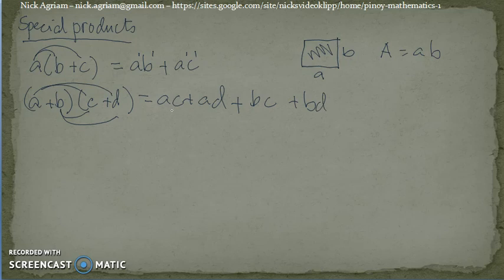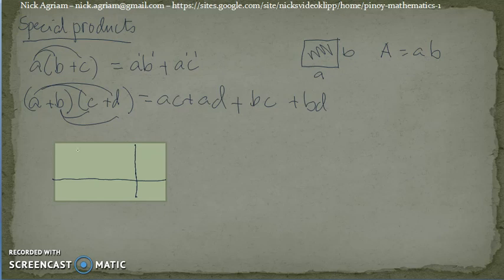That means if I am going to divide this rectangle into 4, for example, this is A and this is B, and then we have C and this is D. This AC here that we multiplied is this area.